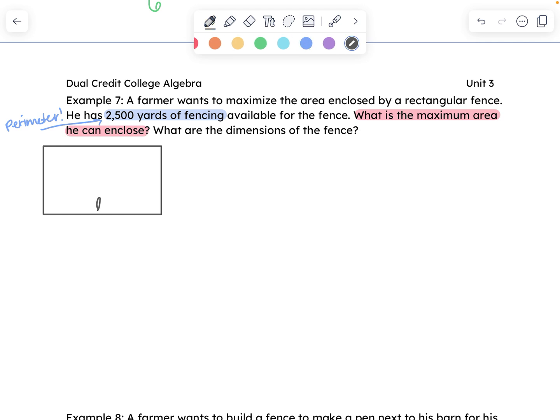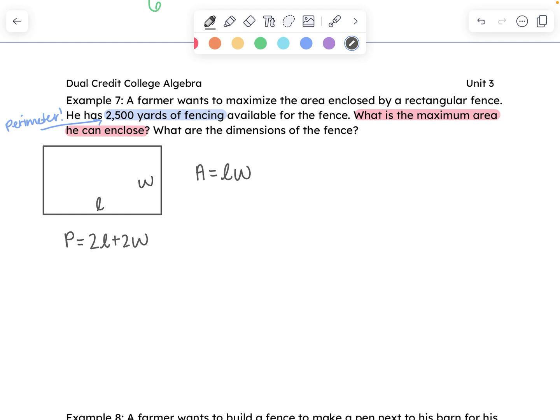So this would be my length, this would be my width. Looking at perimeter, that would be 2L plus 2W. Length plus width plus length plus width. But if I'm looking at area, that would be length times width, L times W.